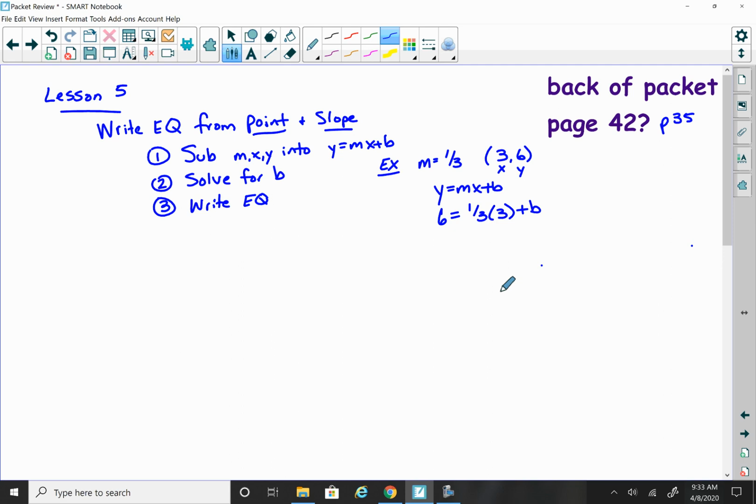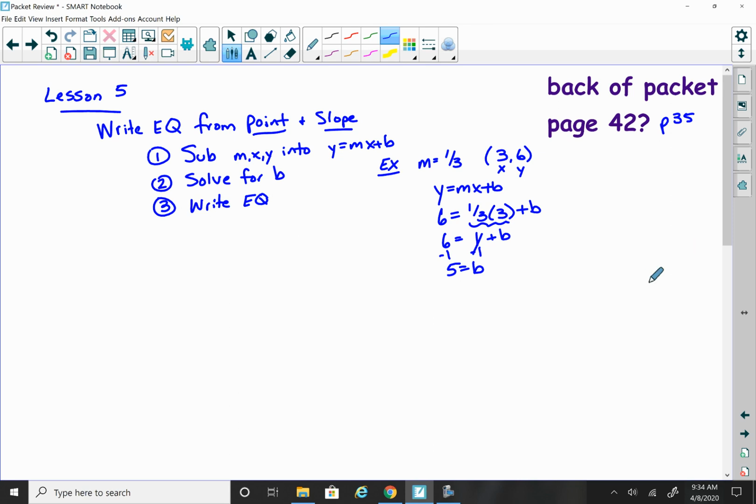Now we're on to step 2, where we solve the equation. The first thing I do is multiply those 2 pieces together. 1/3 times 3 is just 1. And then if I want to solve this for b, get the b by itself, I'm going to subtract 1 from both sides of my equation. So I get 5 is equal to b. When most of you were doing this in your homework, you had no problem solving for b.